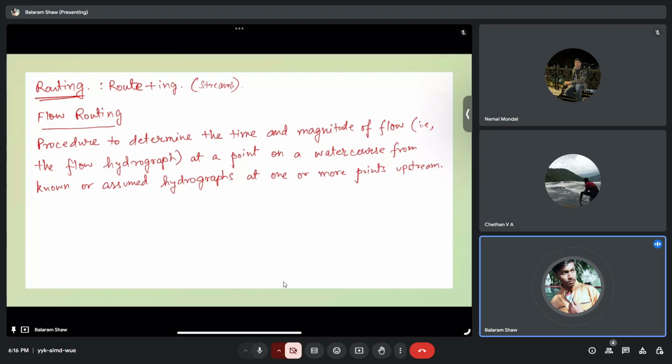Here, the information we are talking about is the hydrographs we have studied.